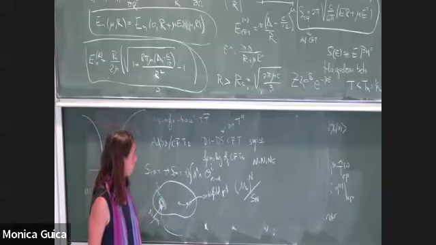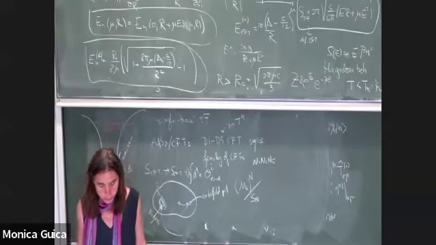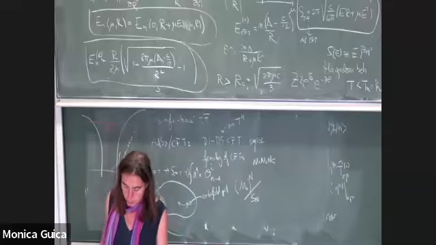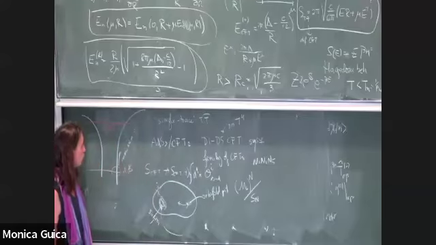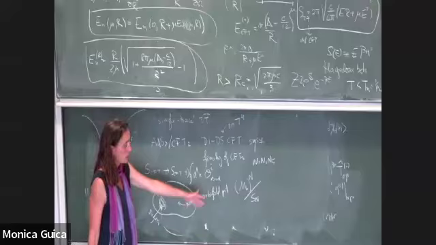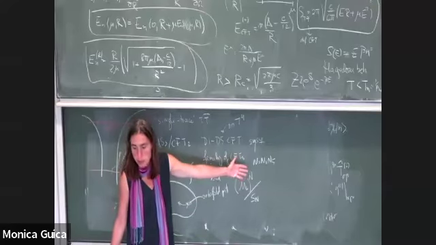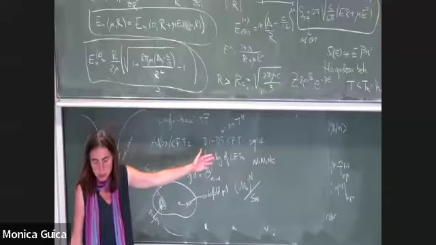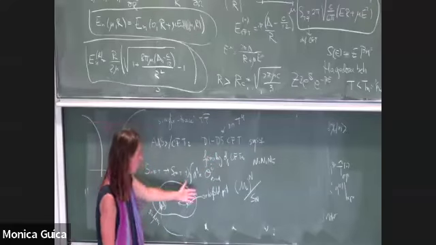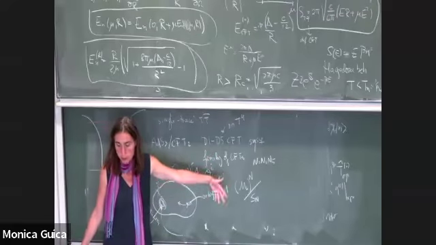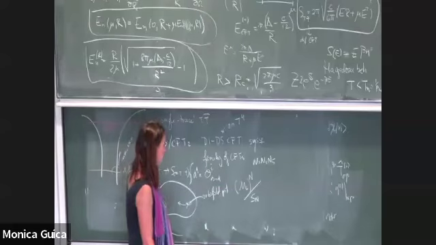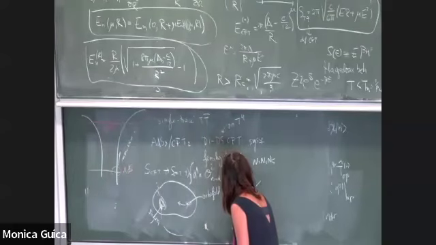All this song and dance was to explain what is supposed to be the single trace variant of TTbar, and that's very simple. If this is my gauge symmetry, a symmetric product orbifold, then to build gauge invariant operators in the symmetric product orbifold CFT, the simplest thing you can do is take some operator in the seed.